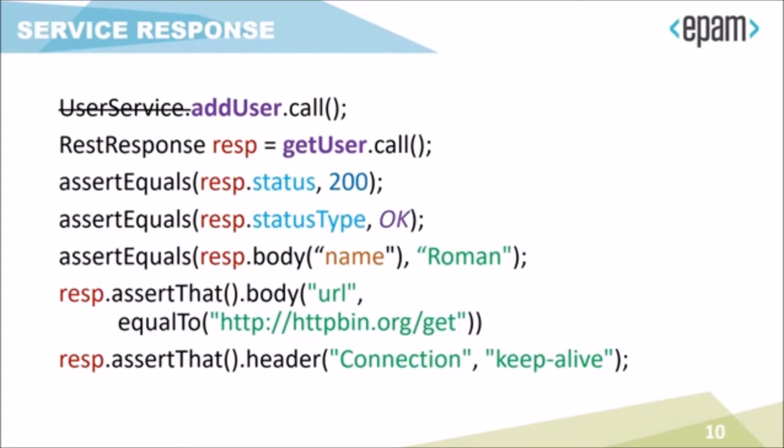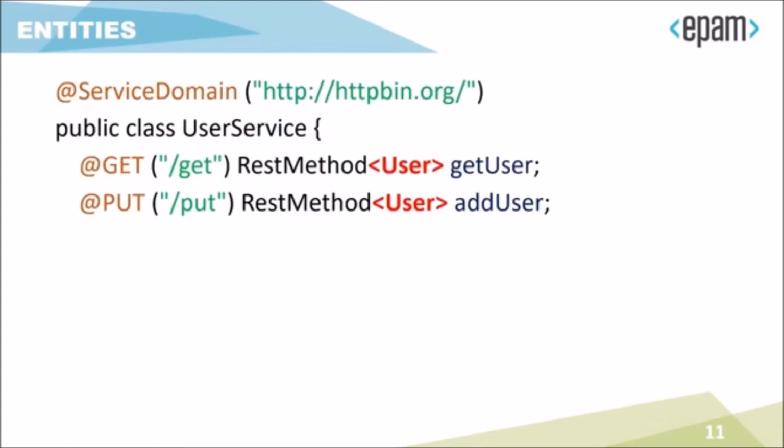You can set up your request using REST Assured service specification. But we also have some additions to REST Assured to do simple validations for statuses and some other things, something like this.